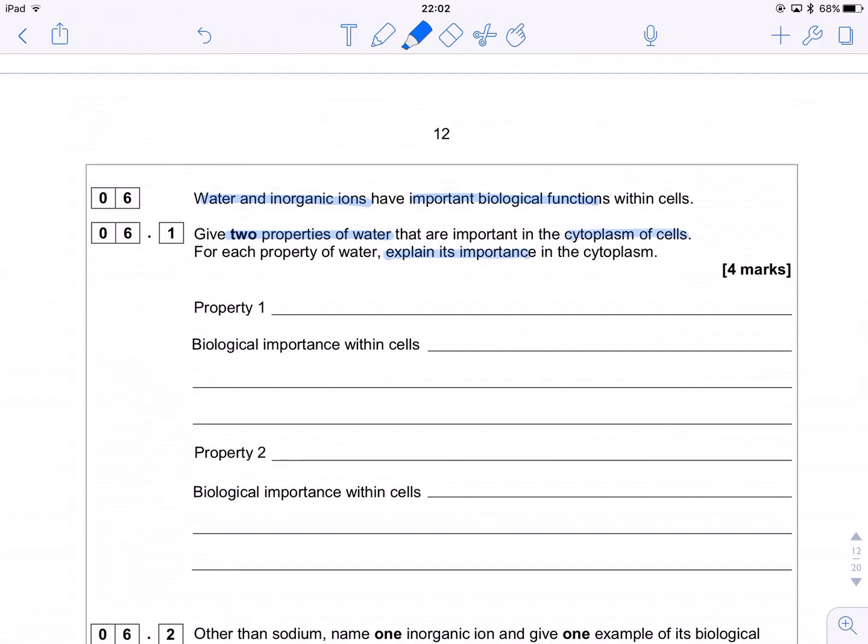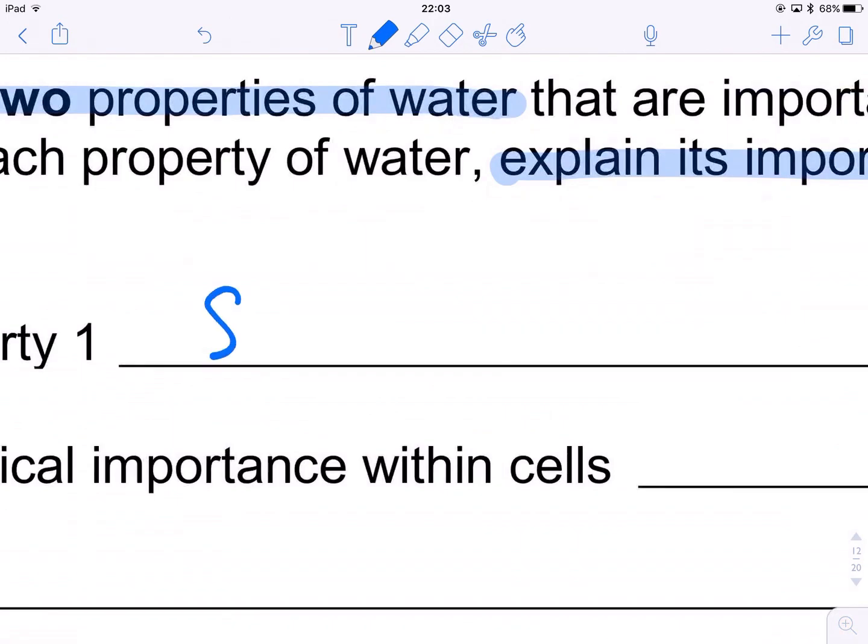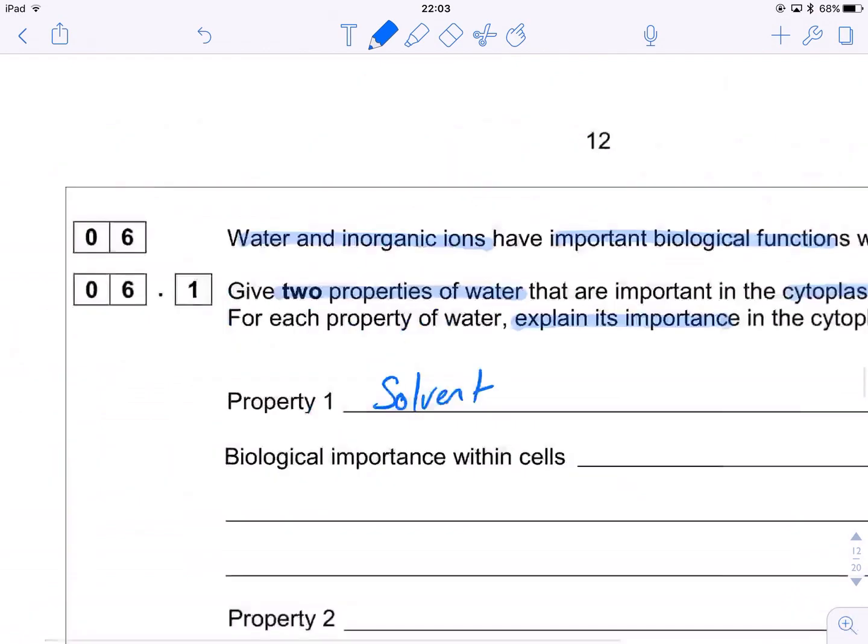Right, there is a real risk here about talking about things like specific heat capacity and latent heat or latent energy of vaporization and all that kind of stuff. That's more important at organism level, so we're thinking cellular. So property number one is that water is considered a universal solvent, which is great. And partly the reason it is a solvent is because it's polar in nature, but we won't go into that just now.